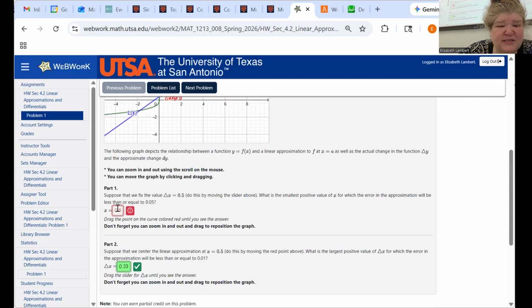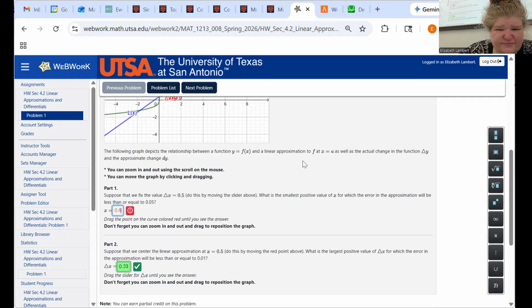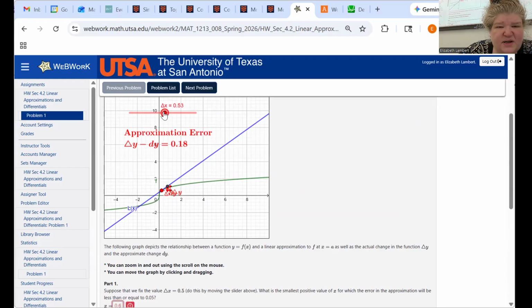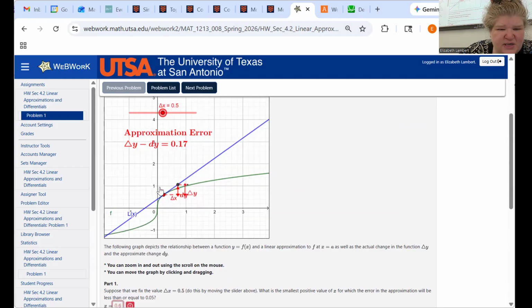It doesn't like my 0.6. All right, so let's fix this back on 0.5 and zoom in.